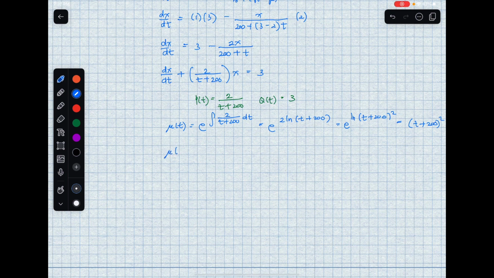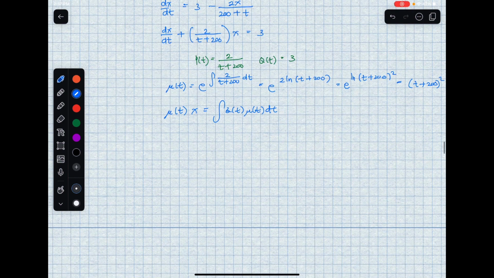So our working equation, mu of t times x equals the integral of q of t mu of t dt. So x times t plus 200 squared is equal to the integral of 3 times t plus 200 squared dt.